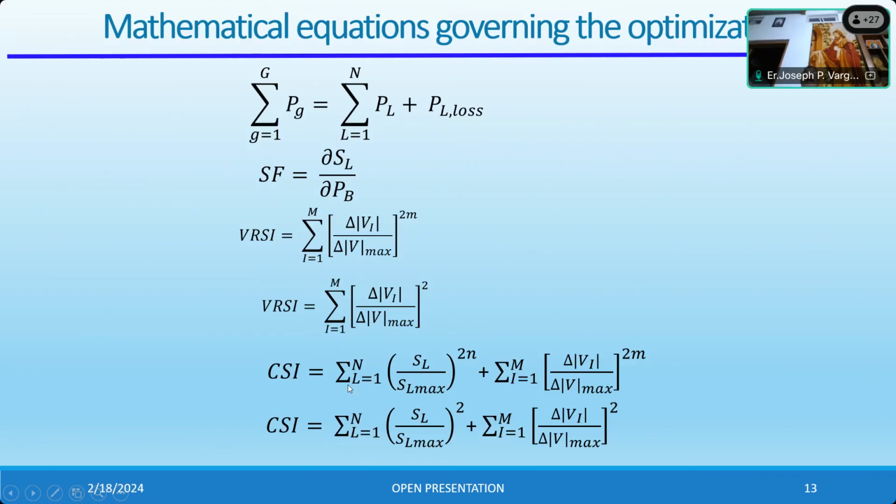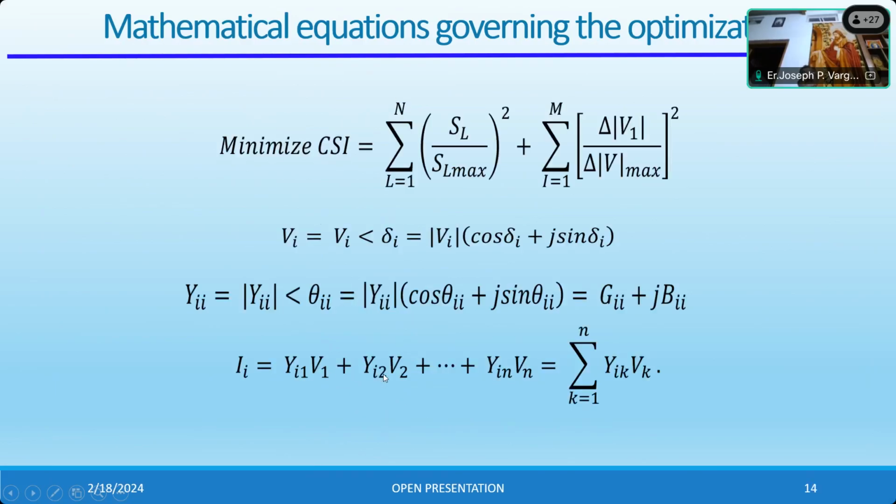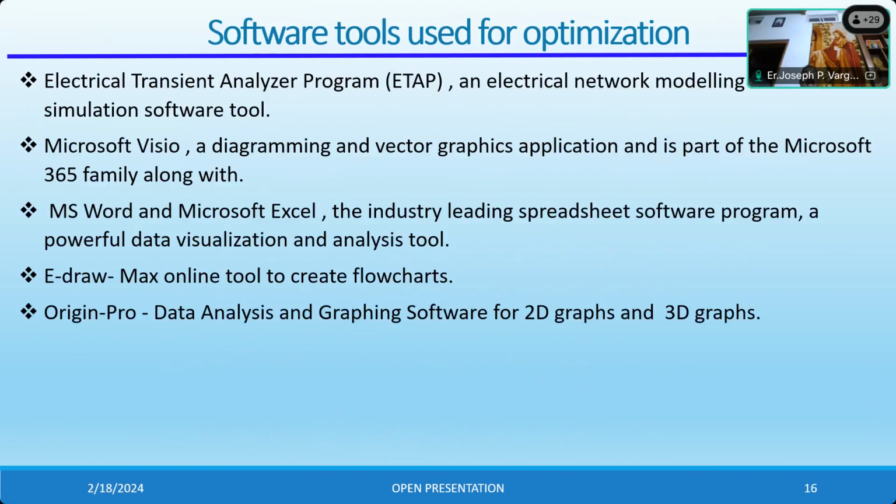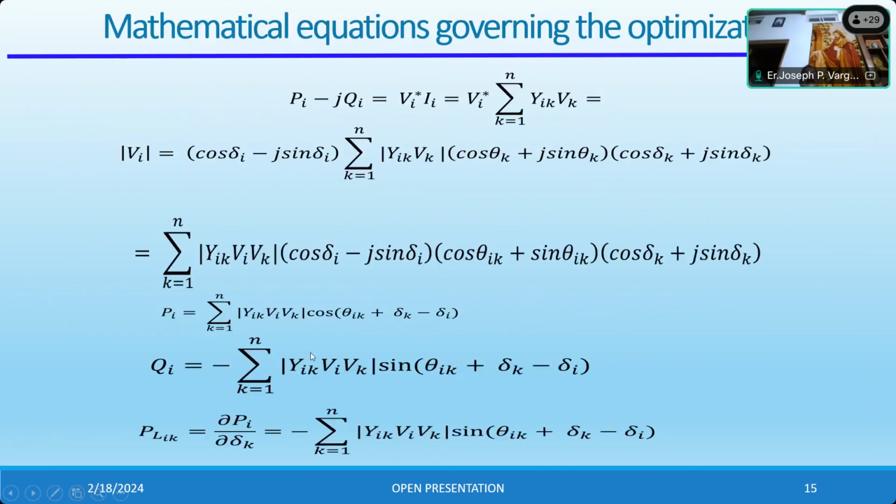That is the combined severity index, and the algorithm has been modified using these two parameters. Thus, in the second algorithm, our objective is to minimize the combined severity index. These equations are developed from Newton-Raphson methods, and they are also utilized for finding the active power losses and reactive power losses in the system.